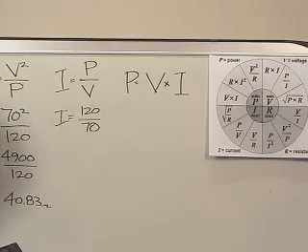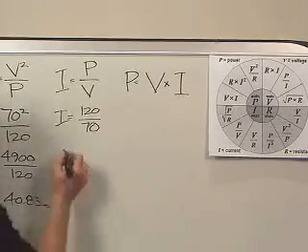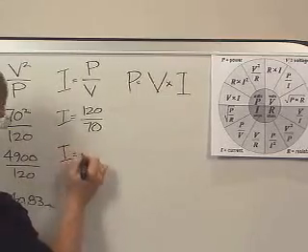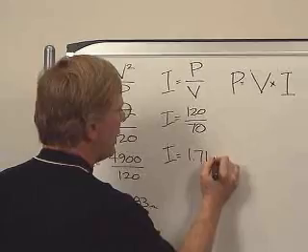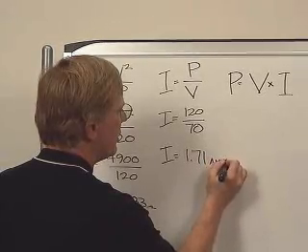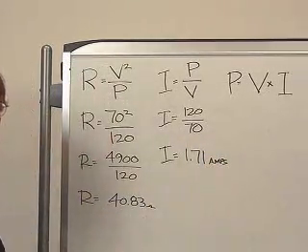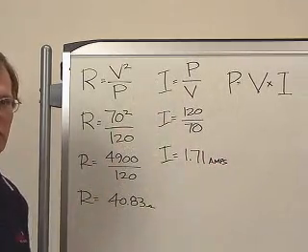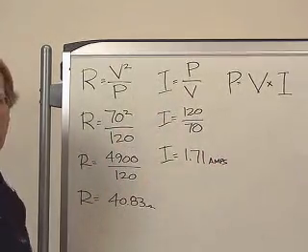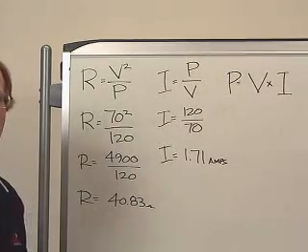So 120 divided by 70. It says the current in this circuit is 1.71 amperes. So that's simply taking the power and dividing by the voltage. And we've discovered we have a little less than 2 amps worth of current in that circuit.